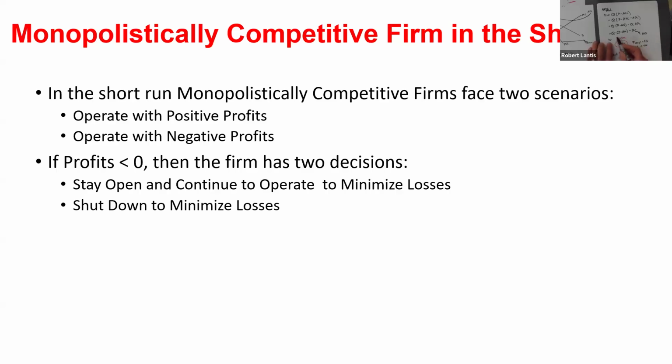Oh yeah, price was above average variable, I was adding a positive amount here. Now, if price ever becomes below average variable, I'd be adding an additional negative value. So under that scenario, if I stay open, my profits would be what? Negative 110. Whereas if I simply shut down, they're only negative 100. Oh yeah, it was better to shut down when price was below average variable. Right? So this is the same decision making that we talked about with perfectly competitive markets.